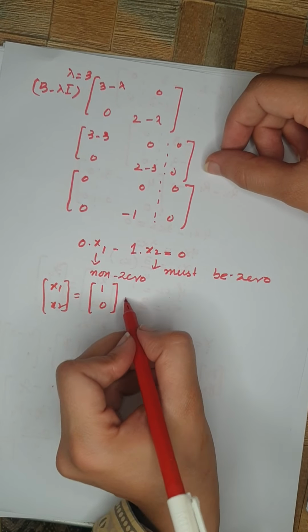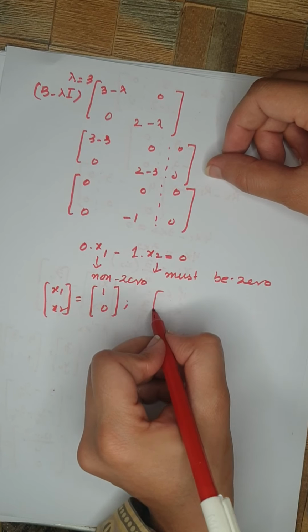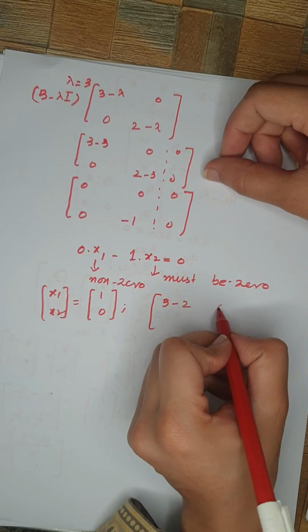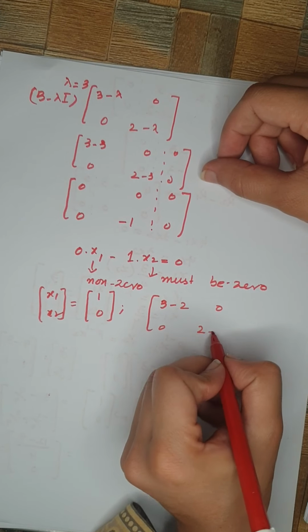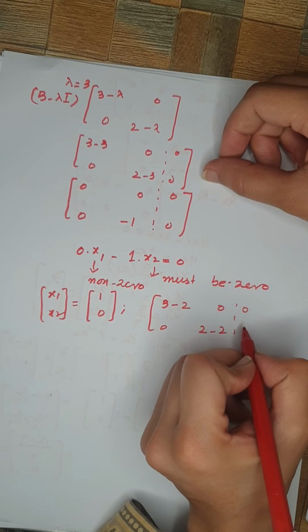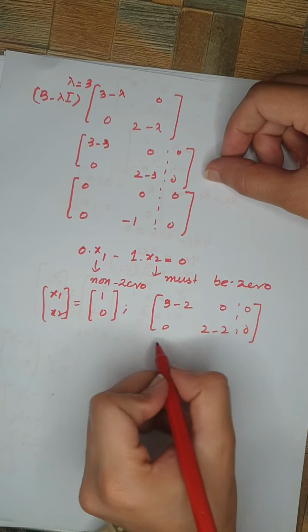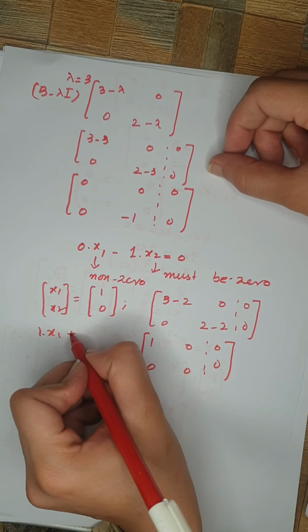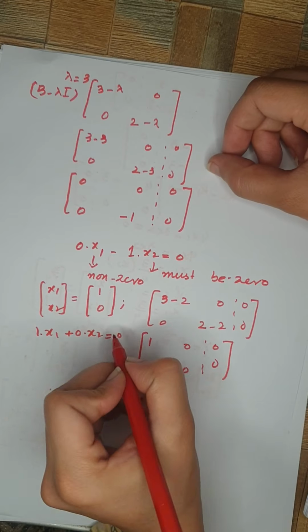Similarly, now you can substitute lambda equal to 2, so 3 minus 2, 0, 0, 2 minus 2. I will have 1, 0, 0, 0. Now again using back substitution, 1 dot x1 plus 0 dot x2 must be equal to 0.